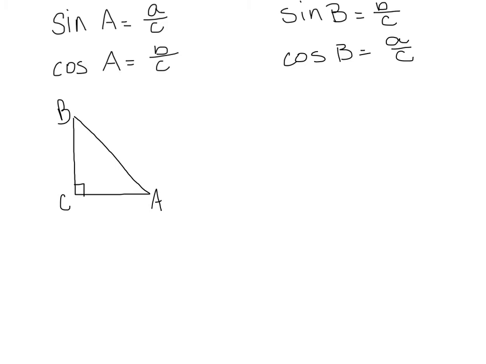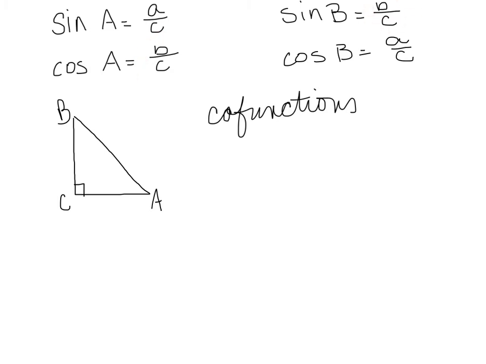These are called cofunctions. It means that the sine of one angle is the same as the cosine of that angle's complement. Here, the cosine of A is b over c.